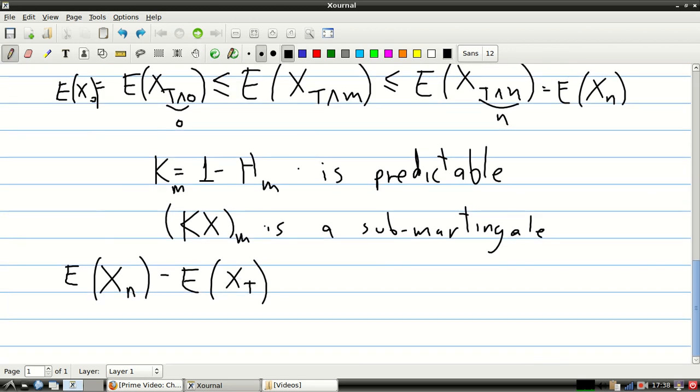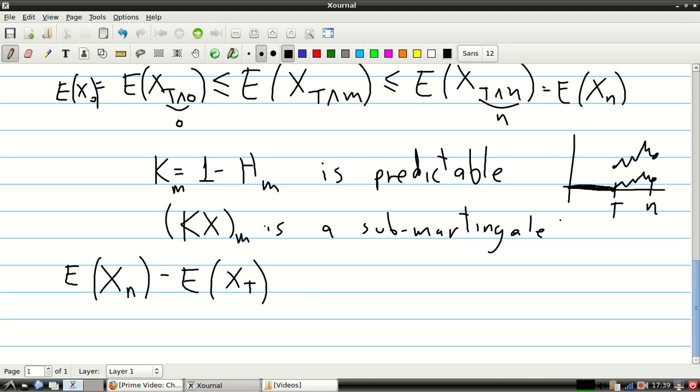So let's go back here. x_n minus x_t: n is the last time and t is almost surely smaller or equal, and we're looking at the difference of x between this time and this time. And by the same reasoning as we did with h, this is going to be shifted for the process k, but this difference is going to be the same for the process kx.